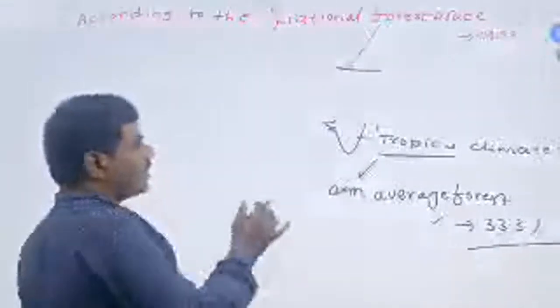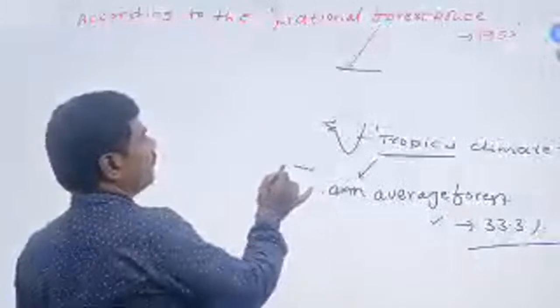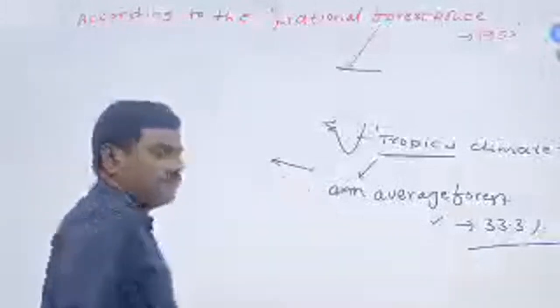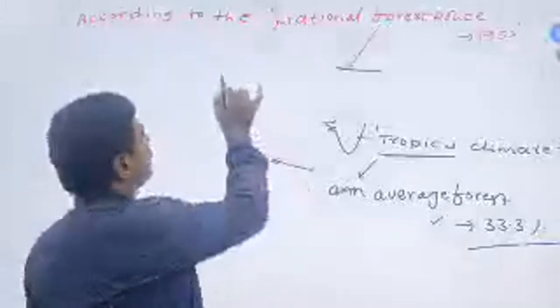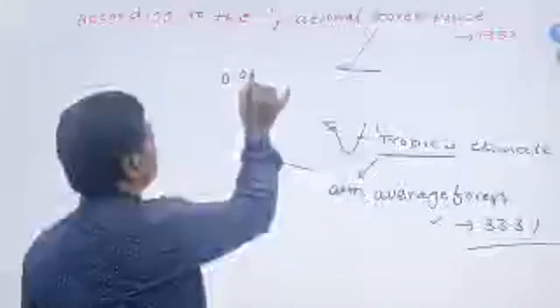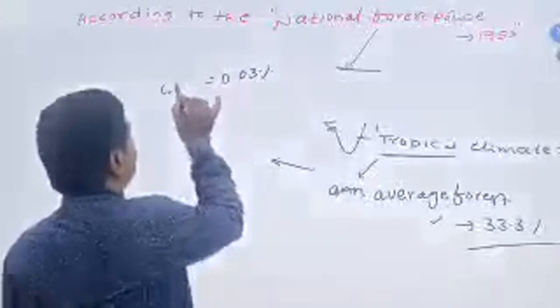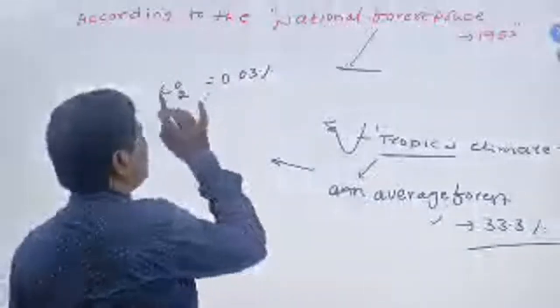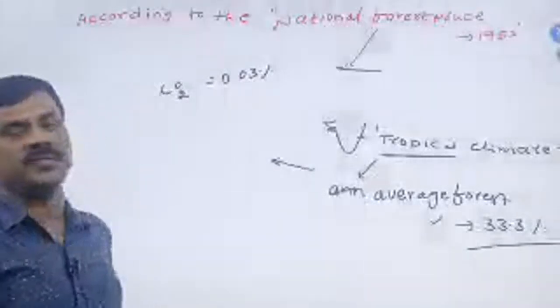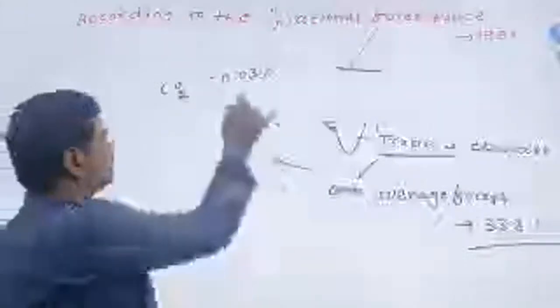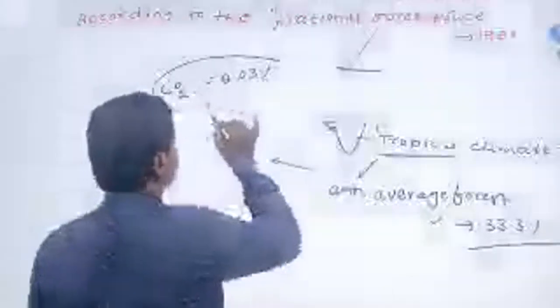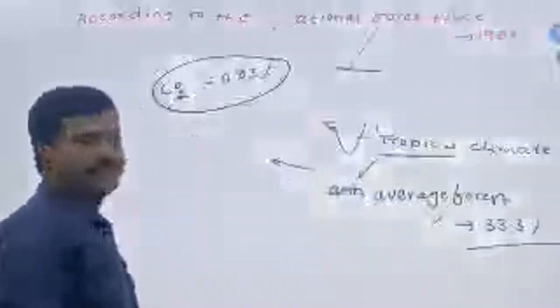Global warming means the increase of carbon dioxide in the atmosphere. There is an average carbon dioxide percentage in the atmosphere that is sufficient for the environment.